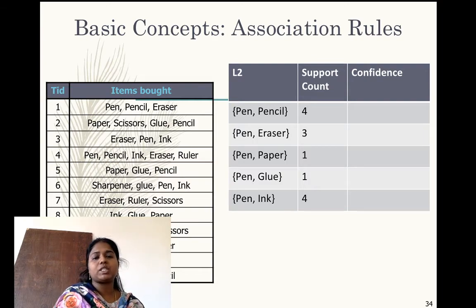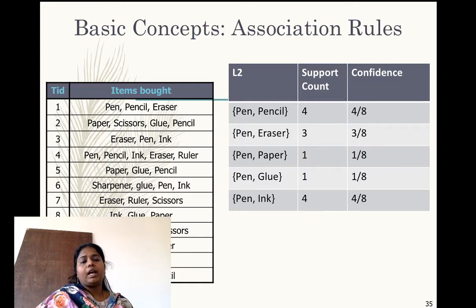So my confidence value is going to be 4 by 8. And because pen is considered as the predecessor here, all the denominators of the confidence values that have the same predecessor are going to be the same. So I have 8 as the total number of transactions in the denominator for confidence values for all these combinations.